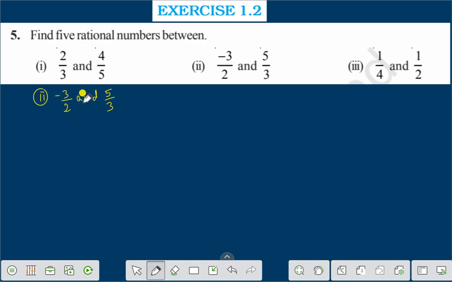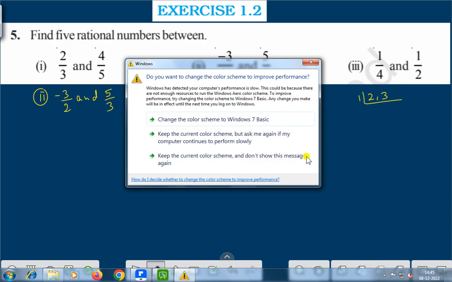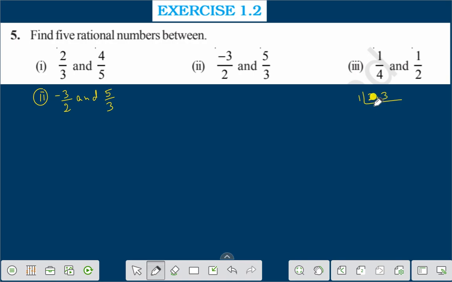Now, you have to make the denominator same. For that, take the LCM of 2 and 3. 2 and 3 are divisible by 1 only. Therefore, the LCM is equal to 6, right? Therefore, we are getting minus 3 by 2 multiplied by 3, and the denominator you also multiply by 3.